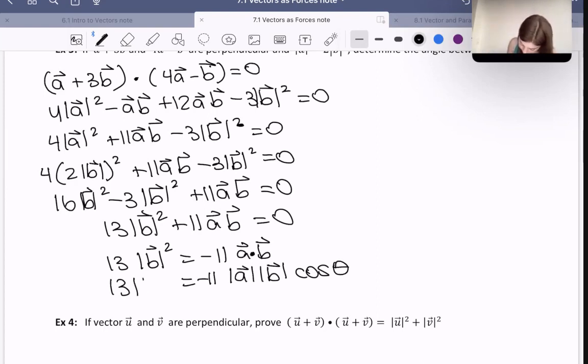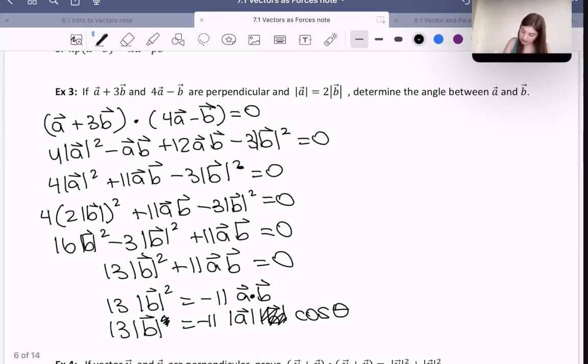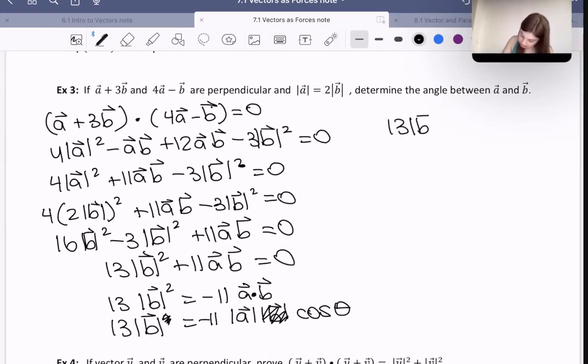Then what I can do here is cancel one of these b's with this b here, and we end up with 13 magnitude b is equal to negative 11 magnitude a cos theta.